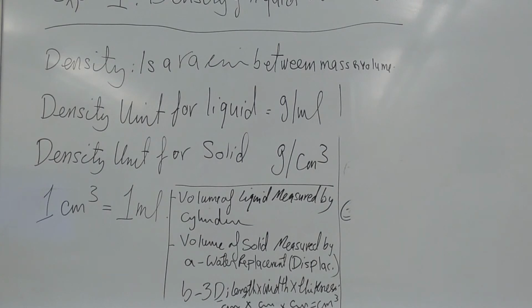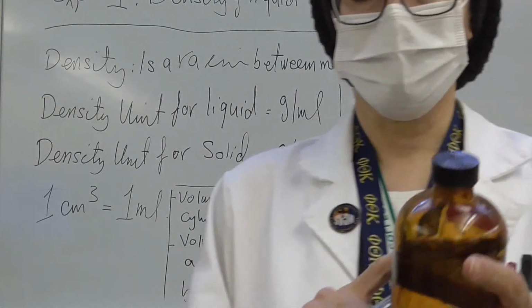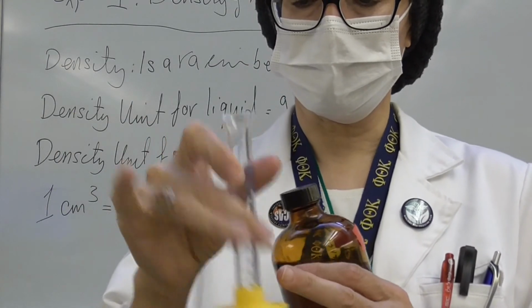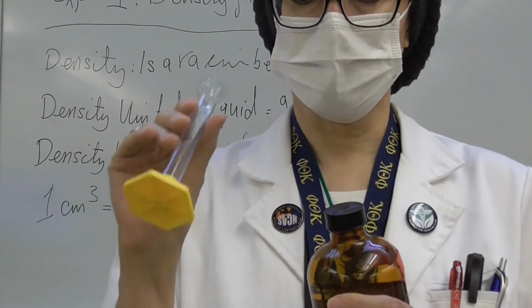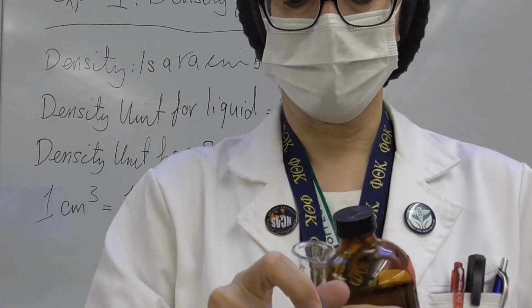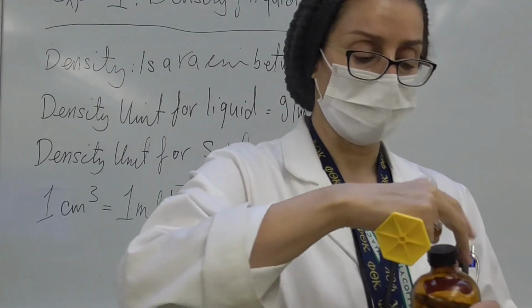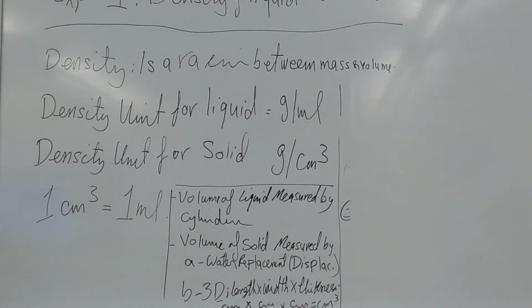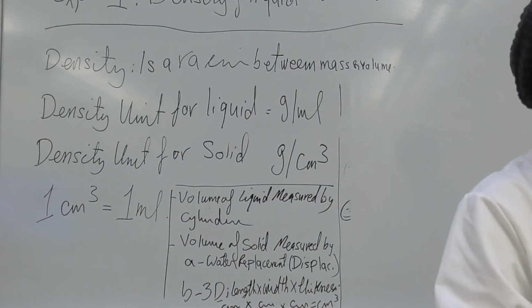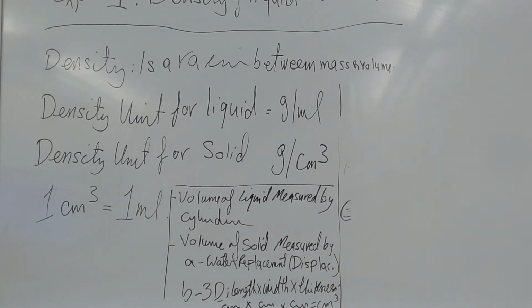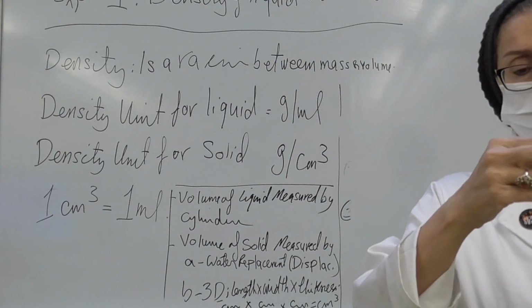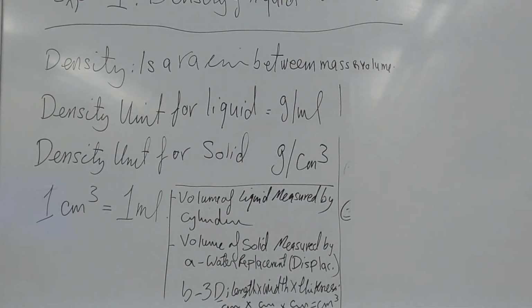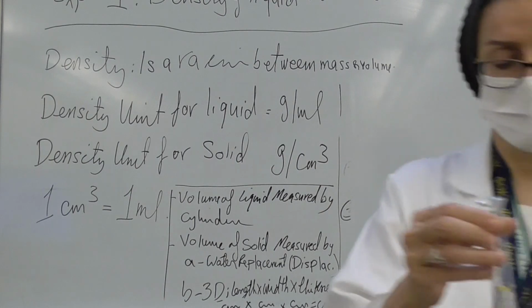Well, this is what the student will do. They will take the unknown and measure the cylinder when it is empty on the scale. So they're going to take the weight, and then we're going to pour 5 to 6 milliliters of the unknown alcohol, and weigh it again.